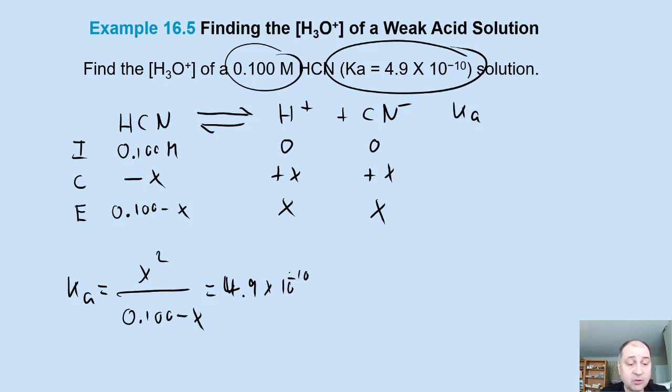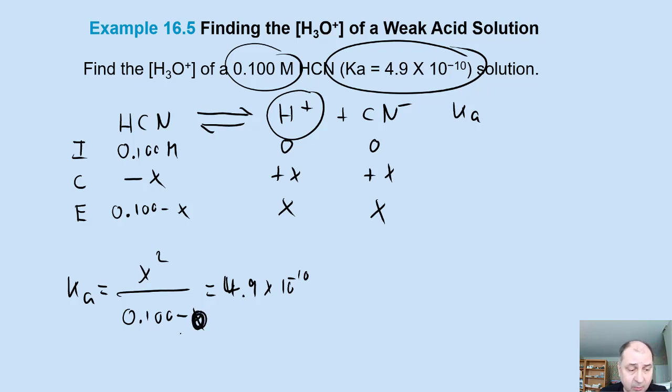You can use the quadratic equation, but most of the time we can make an assumption that x is much smaller than the original concentration. Compared to 0.1, x is going to be super small, but we still need to know what x is so that we can calculate the pH from the hydronium ion concentration. If this is negligible, it basically goes to 0.